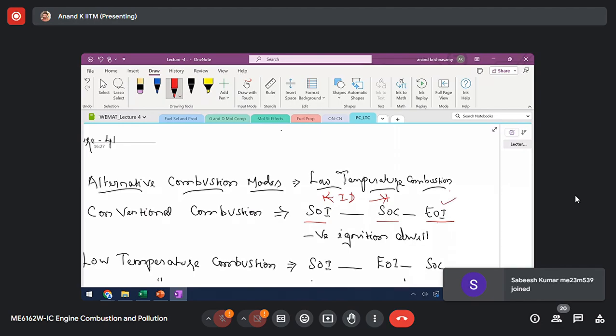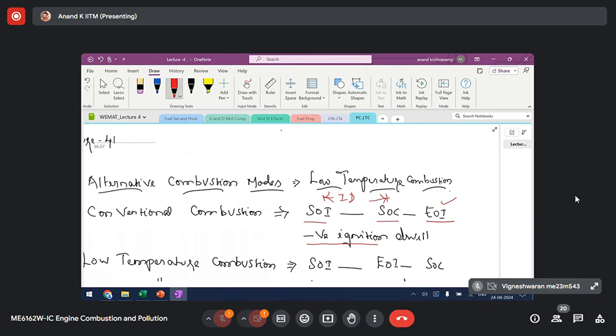So end of injection happens after the start of combustion. This is what we refer to as negative ignition dwell. What is ignition dwell? Ignition dwell is the time period between end of injection and start of combustion.